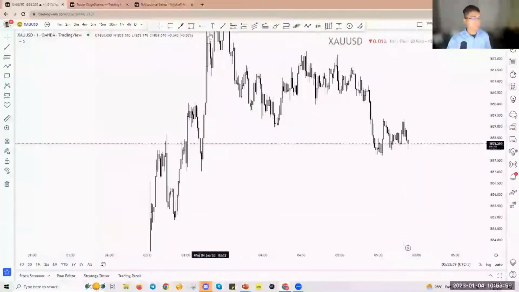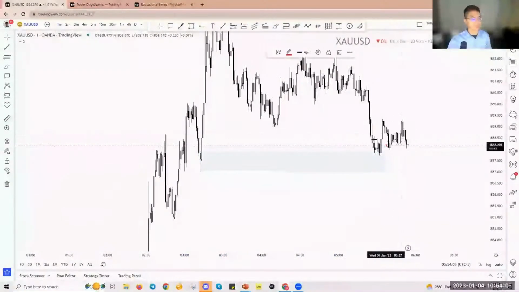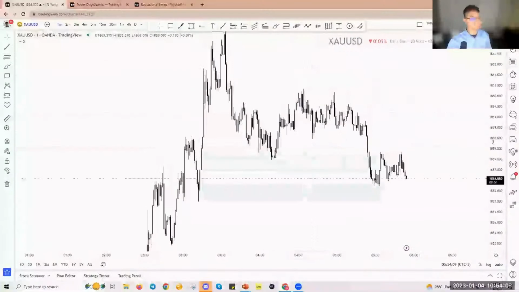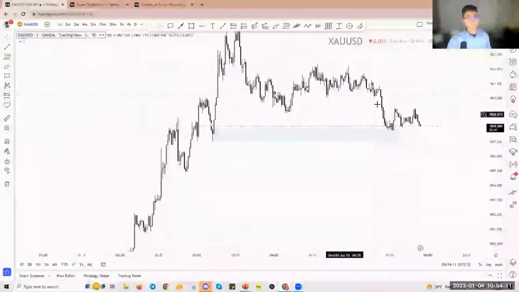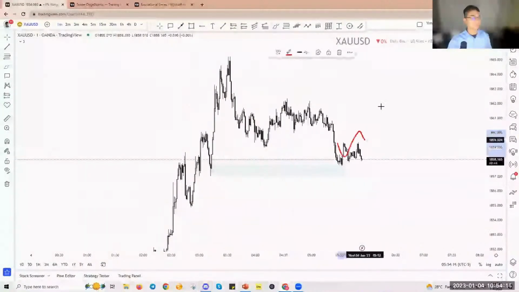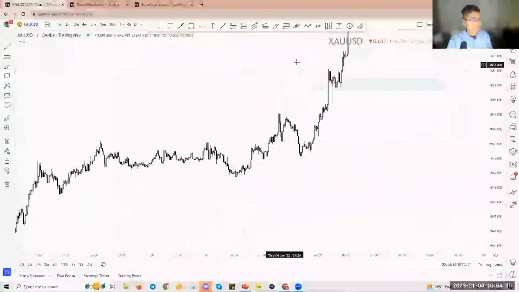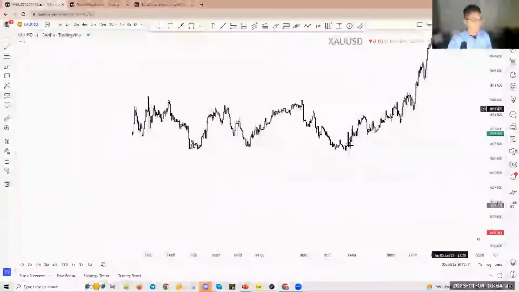So Go right here already tapped into this area. He has done some sort of a small little accumulation back up to the upside. Okay, I don't think I can show you right now. This looks to me like a possible reaccumulation schematic. Price can potentially go back up.